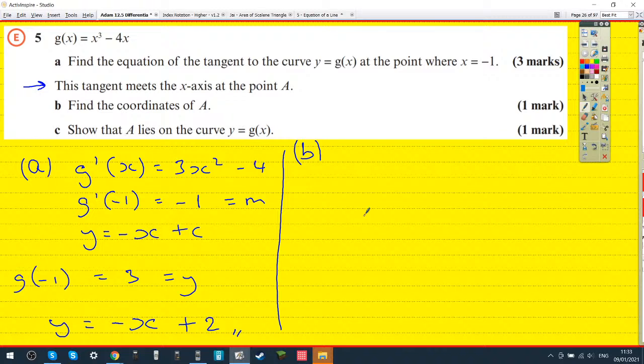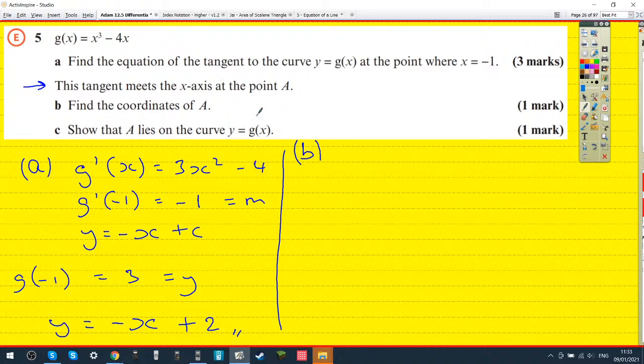No. Maybe I shouldn't have skipped, but I just solved that bit for you for C. Oh, right, okay. And I got 2. Do we already know what x is? x is minus 1.